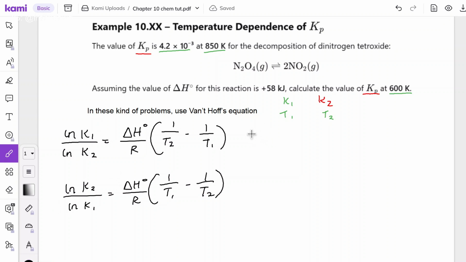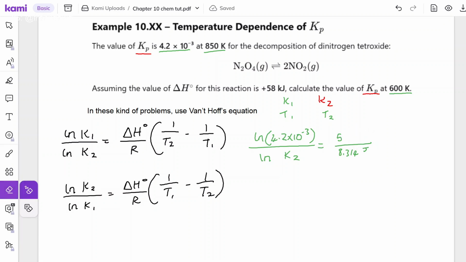So over here, I know what K1 is. K1 is 4.2 times 10 to the negative 3 over ln of K2. I don't know what K2 is. I know what the delta H naught is though. It's 58 kilojoules over, once again, for the R, we're going to be using 8.314. And because this unit is written in joules, we have to convert the 58 to joules.